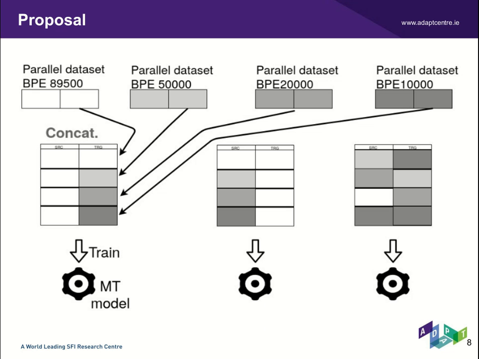And what we propose is to concatenate all together into a larger training data with replicated sentences that are split differently and train a machine translation model. We have divided this experiment in three. So in the first set of experiments, we will combine different splits only in the target side. In the second set of experiments, the different splits will be only in the source side, and finally a combination of both previous approaches.